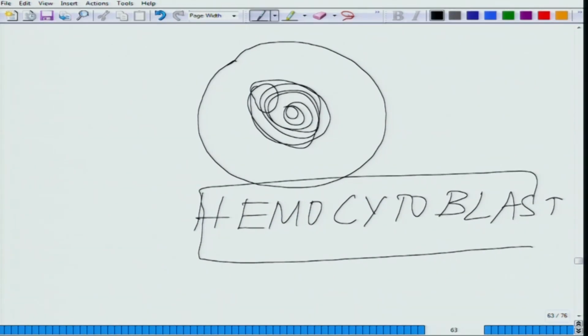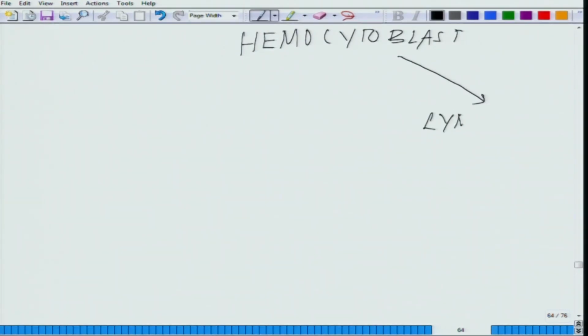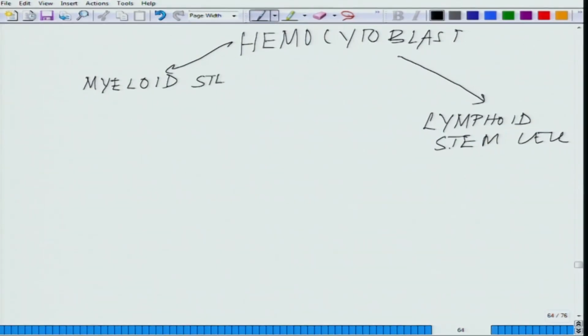The hemocytoblast divides into two parts: part of it forms lymphoid stem cells, and part of it forms myeloid stem cells. I will just put SC for stem cell henceforth, because that will make it easier.